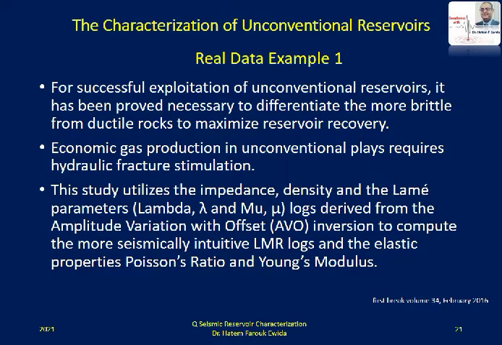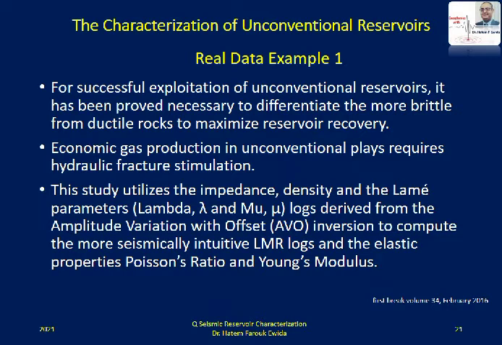Economic gas production in this sort of unconventional play requires hydraulic fracture stimulation, and hydraulic fracture stimulation will work much better in the brittle rock than the ductile. So they want to identify within this unconventional reservoir where the brittle zones are, to use hydraulic fracturing stimulation to enhance the production of the reservoir.